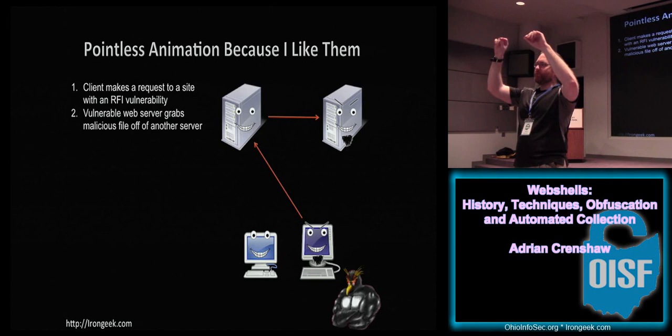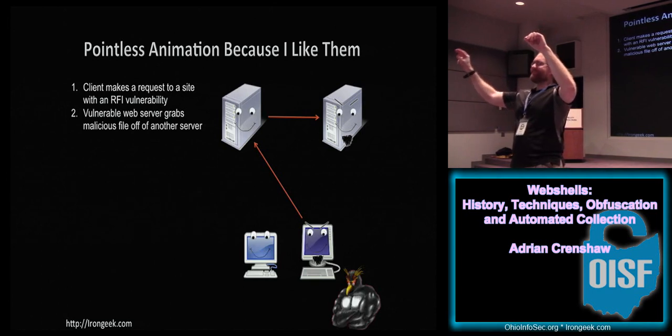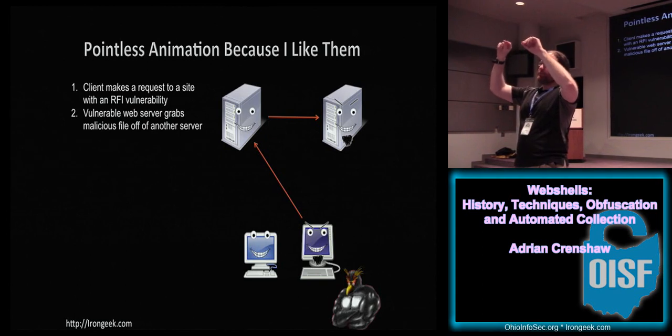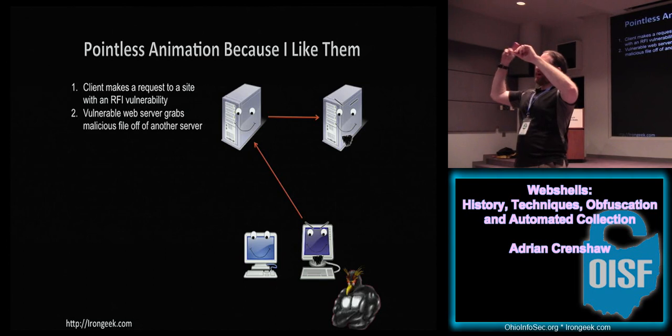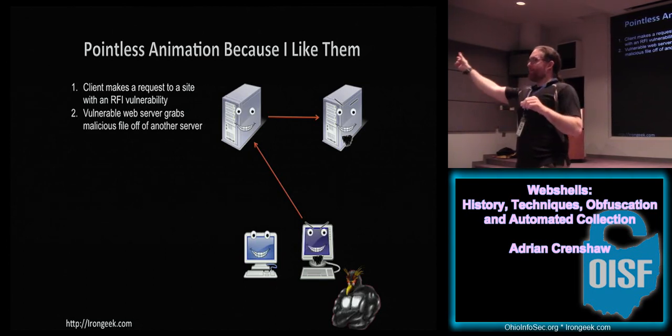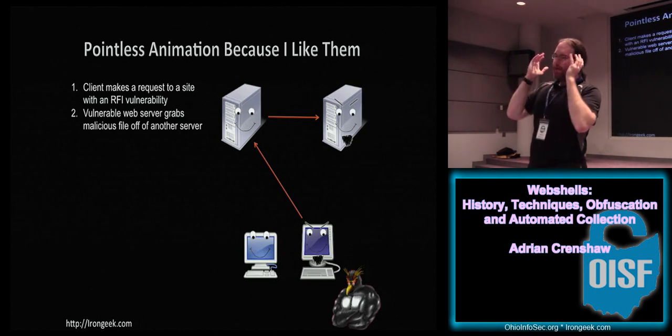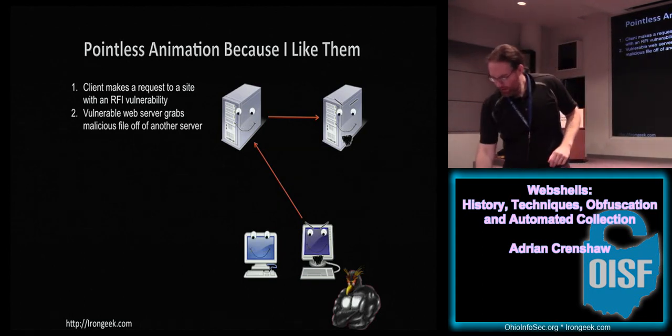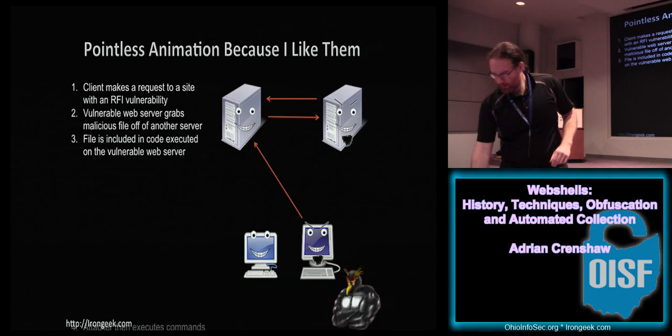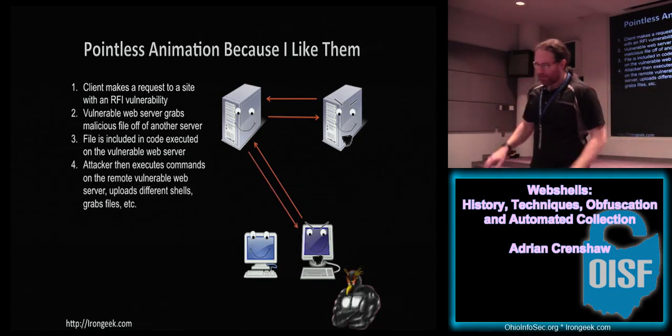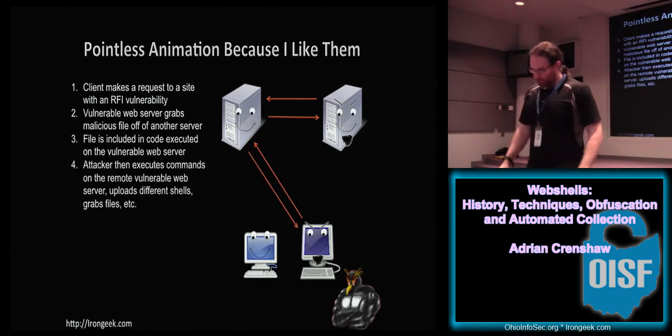Instead of having page equals security slash some security article, they'll put in page equals http://mySite.com.mymalware.txt. What would happen there is PHP would suck that in and actually execute the code. At that point, the evil attacker can then send whatever commands they want.